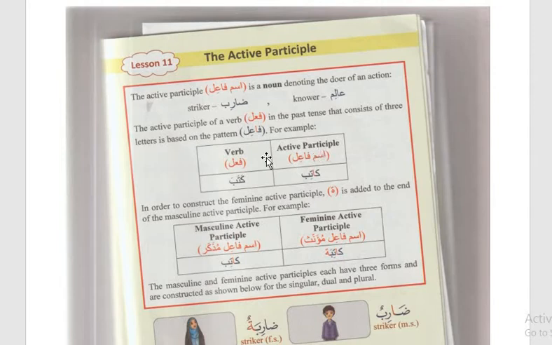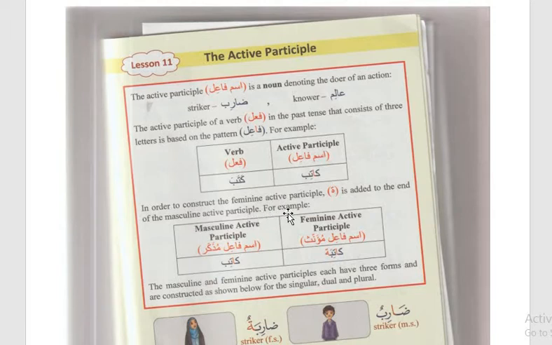So now we talked about اسم فاعل, the active participle. كتب is the verb, كاتب is the person who is doing the action, which is the active participle. So now, in order to construct the feminine active participle, ta marbuta is added to the end of the masculine active participle.